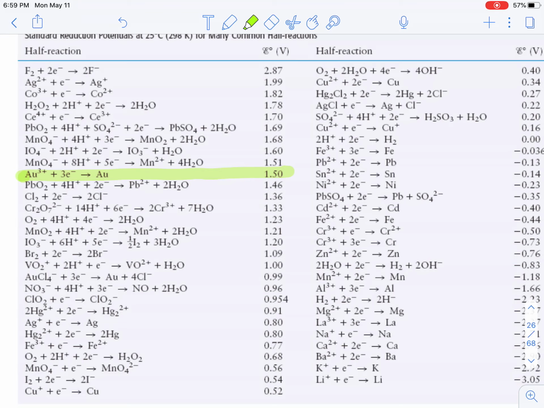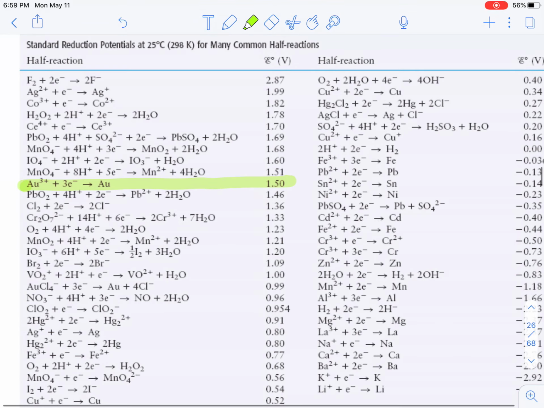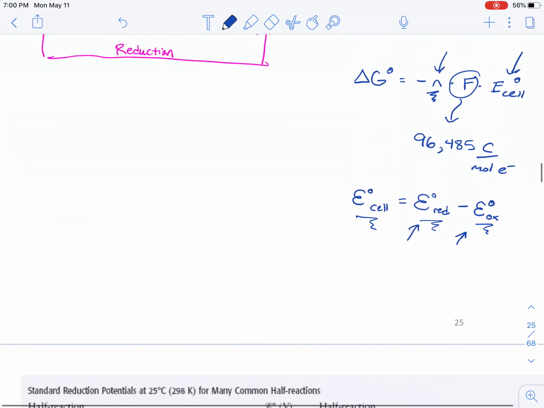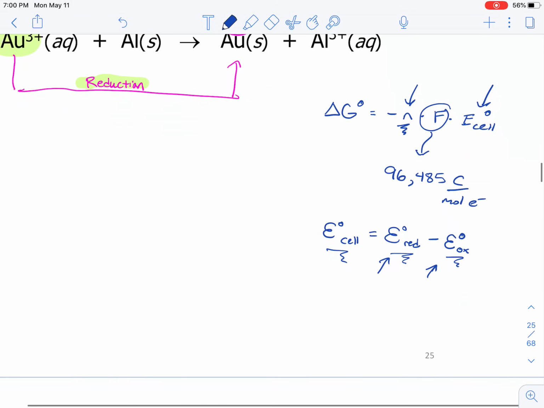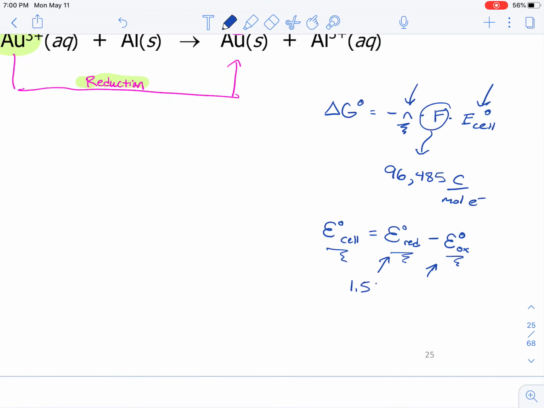So it turns out that the standard reduction potential for the reduction of gold 3 ion to gold is going to be 1.50 volts. And so since gold 3 plus is undergoing reduction, that means that I'm going to put 1.50 volts in the first part of this equation right here.